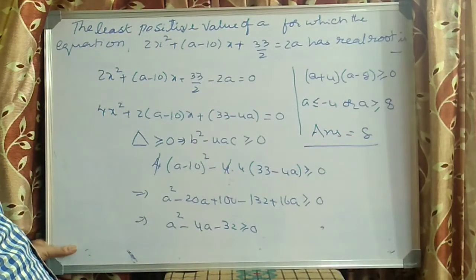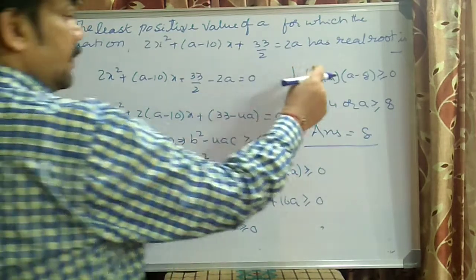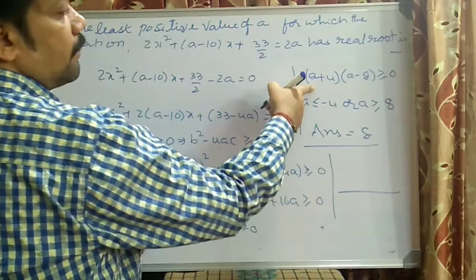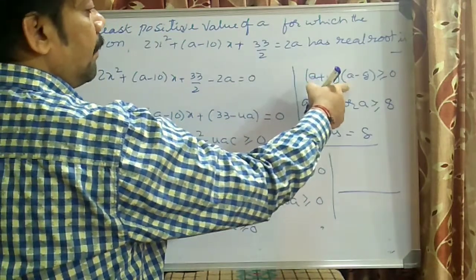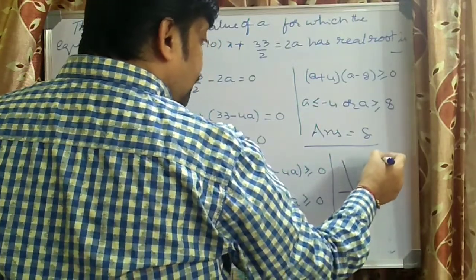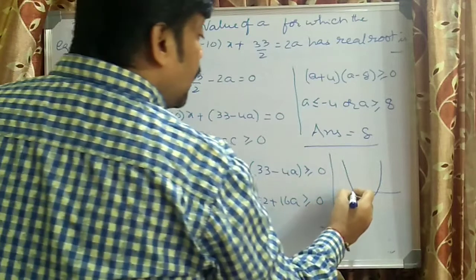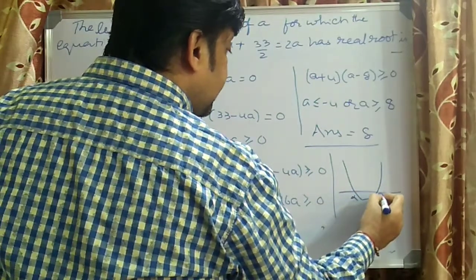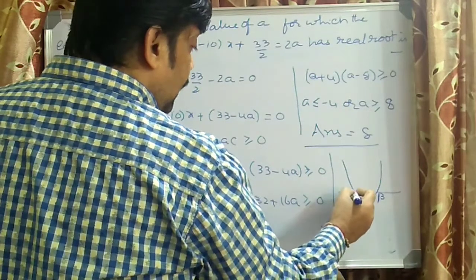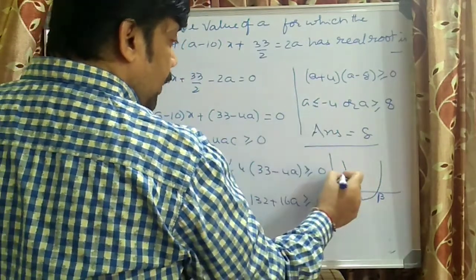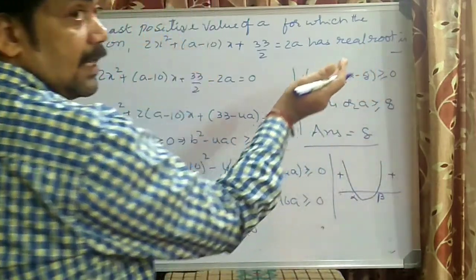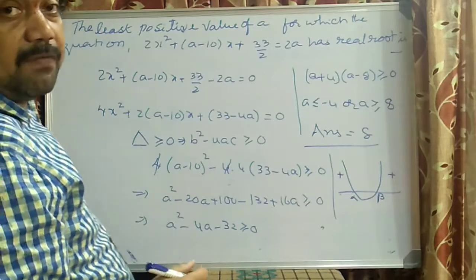So my friends, I would like to explain here this concept: if the coefficient of the term which is having power 2 is positive, then the quadratic expression represents a parabola. The roots are where it meets the x-axis. Right? Now you can see from the diagram, for the values less than alpha, that is less than minus 4, it is positive. For the values which are greater than beta, the curve is above the x-axis. Above the x-axis means y will be positive.